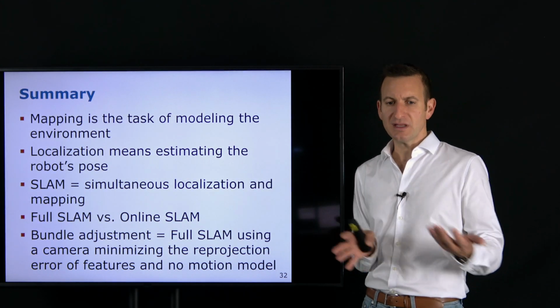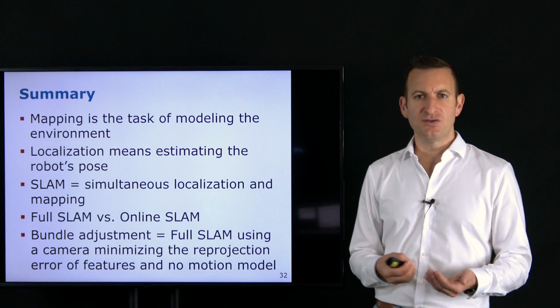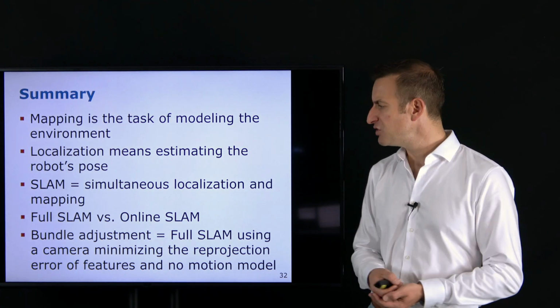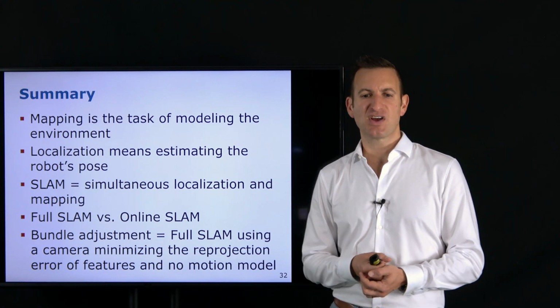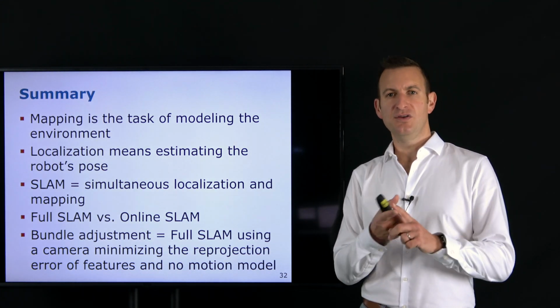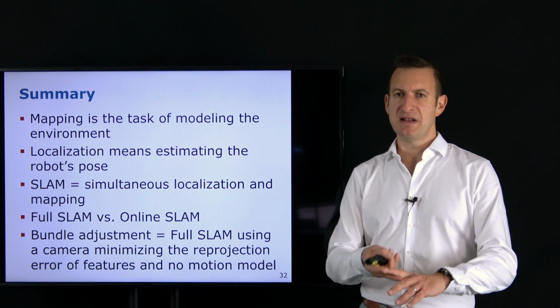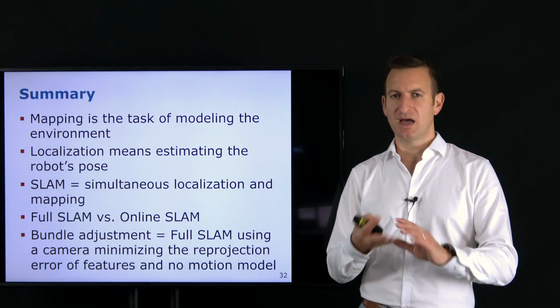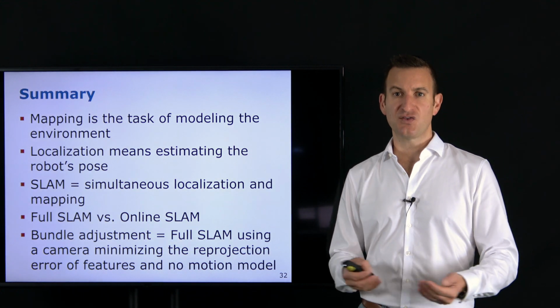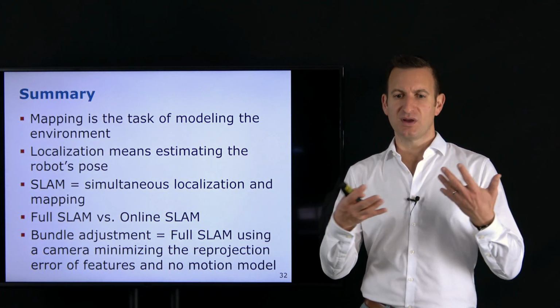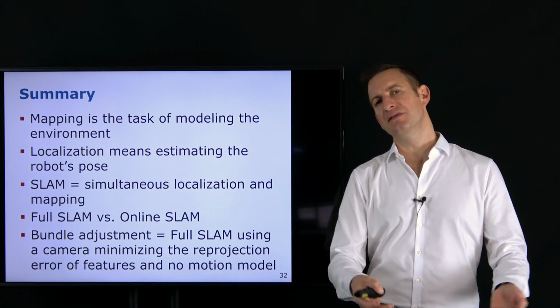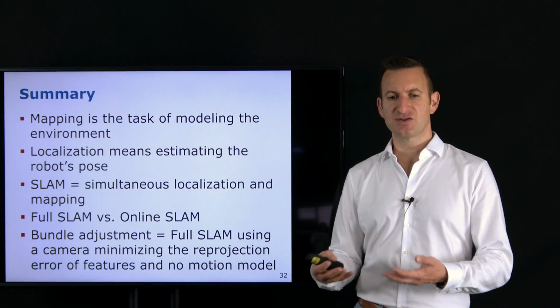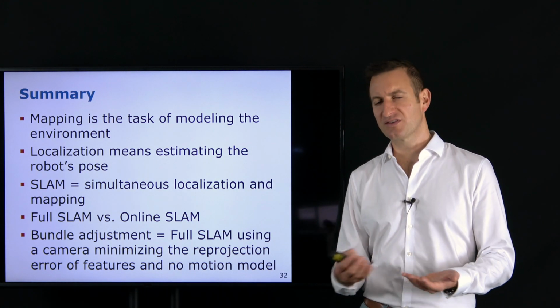And then the three paradigms are also a pretty good categorization of the underlying algorithms. If you want to relate that back to the field of photogrammetry and computer vision, we could describe bundle adjustment as full SLAM, using a camera as your main sensor, minimizing the reprojection error, not taking into account the platform's motion, and coming up with a least square solution. So in this view, the bundle adjustment problem is a special case of the more general SLAM problem.